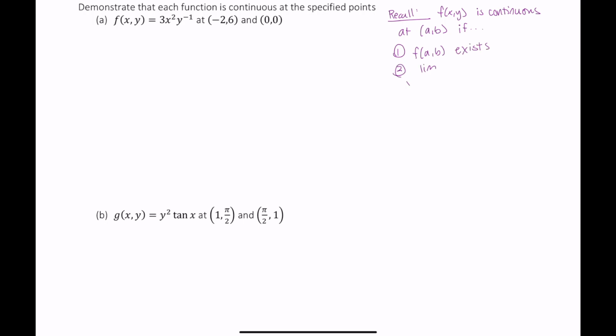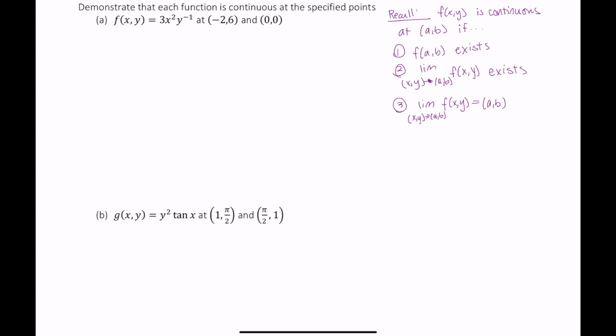The second condition is that the limit as x comma y approaches A comma B of f of x comma y also exists. And the third condition is that these are the same. That is, the limit as x comma y approaches A comma B of f of x comma y has to equal f of A comma B.